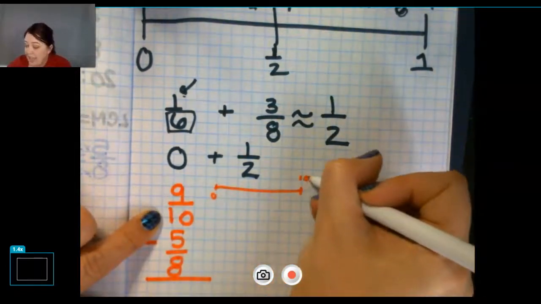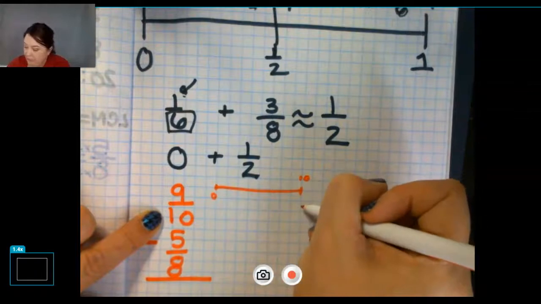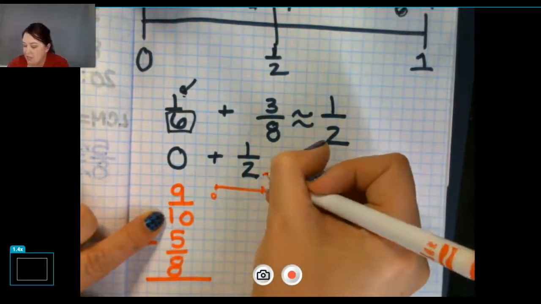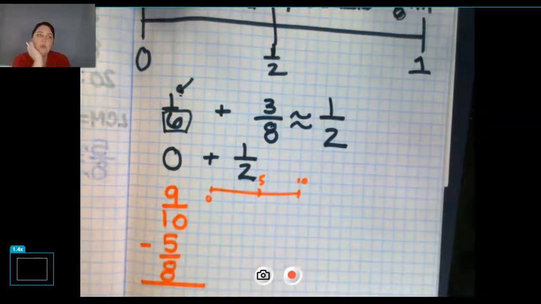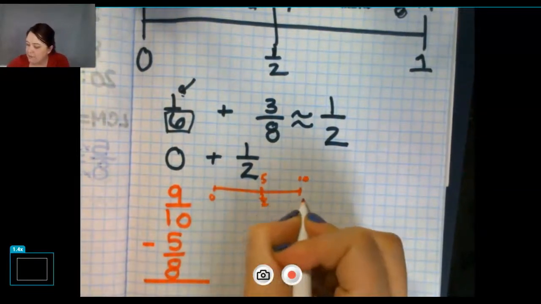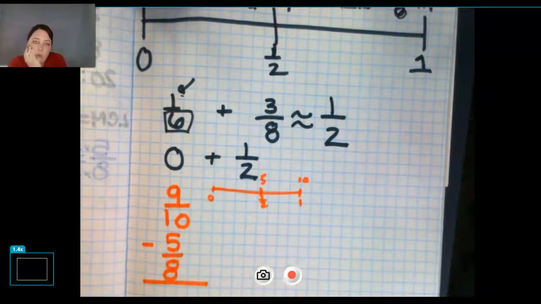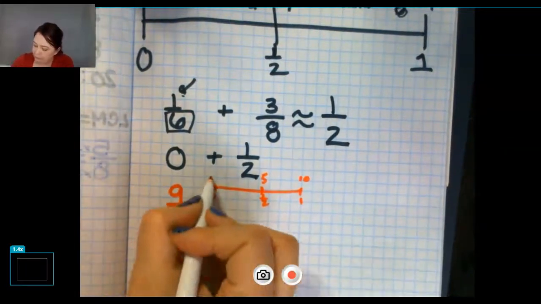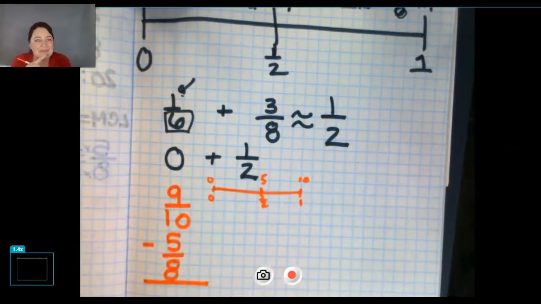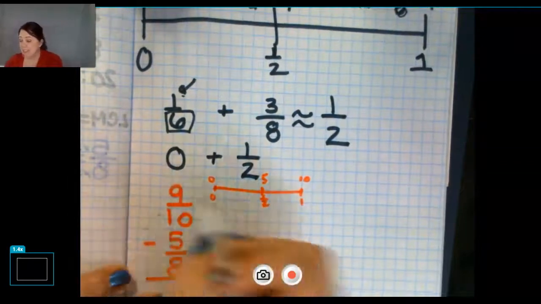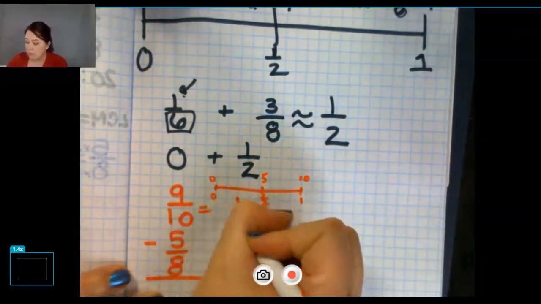Over here would be 10, all of the denominator, and half of the denominator is 5. So where does 9 lie? Is 9 closer to 5, to 10, or to 0? So 9 is closer to 10 than it is to 5. So 9/10 is going to become 1.